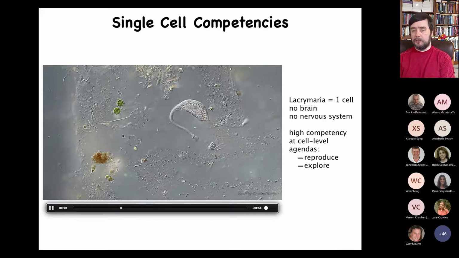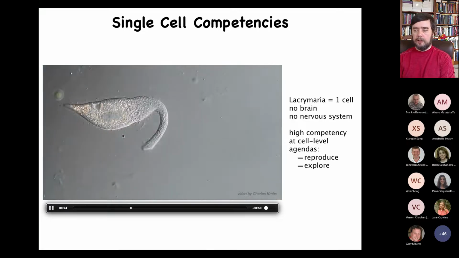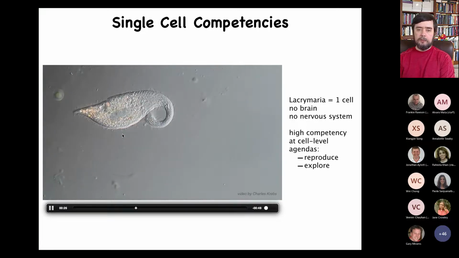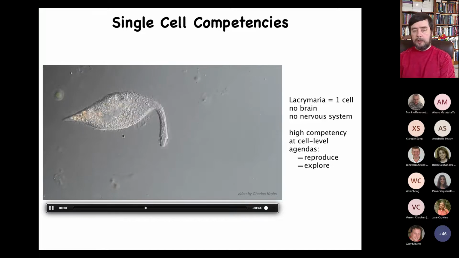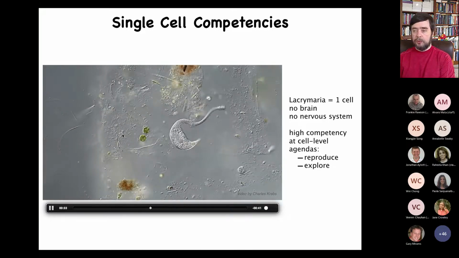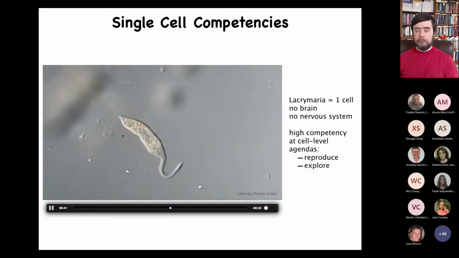So its morphology, its behavior, its physiology, gene expression, all of these things are handled within one cell. And of course, its main agendas, as all unicellular organisms are basically to reproduce and make as many copies of itself as it can, and also to explore its environment and go wherever life is good. And if that sounds like metastasis, that it should, because that's exactly what I think is going on here.